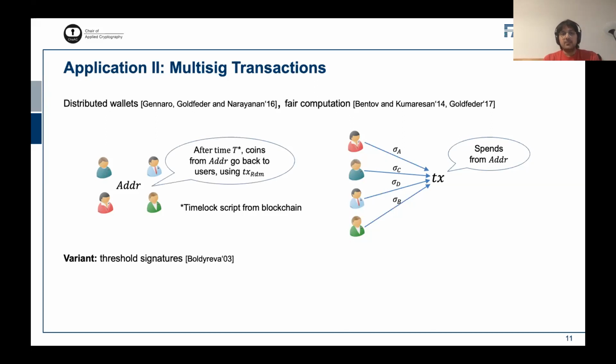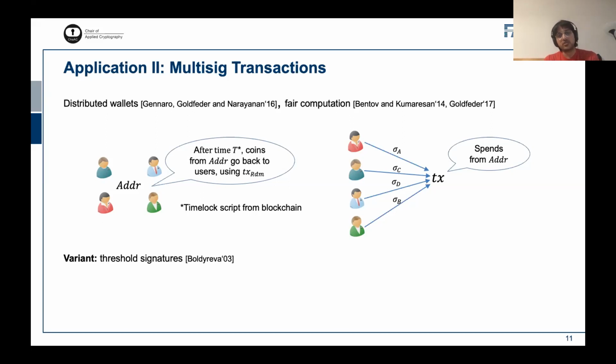Okay. And notice that before the funds are sent to this shared address, the parties need to agree on some time t star, such that after time t star, a redeem transaction can be posted on chain that spends from this address back to the parties, like the original state.